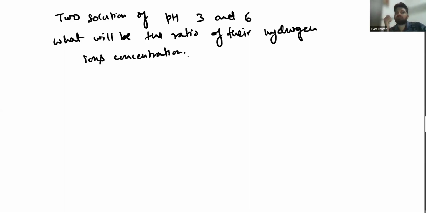One solution has pH 3, another has pH 6. What will be the ratio of their hydrogen ion concentration? We're saying 1:2. Okay, another student. What is the ratio of their hydrogen ions? 1:2, no, it is incorrect.